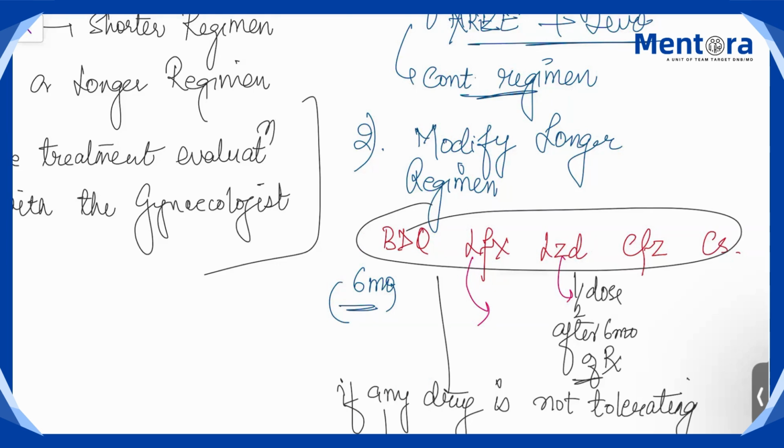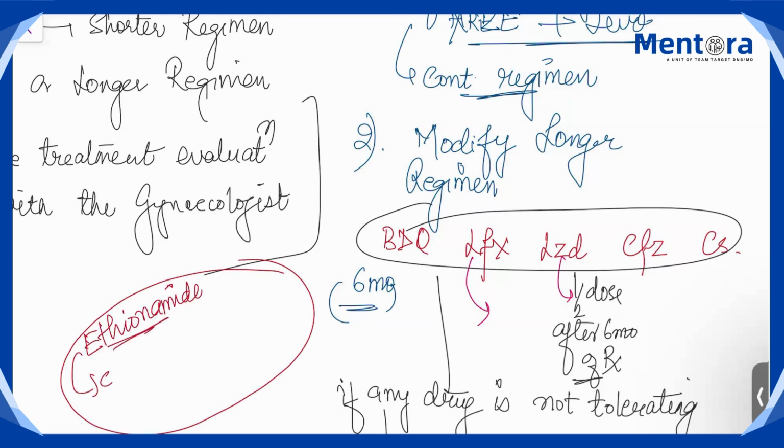PAS is also now no longer used very frequently. So the drug which needs to be avoided is ethionamide. So ethionamide you cannot give initially. This can be considered after 32 weeks of pregnancy.